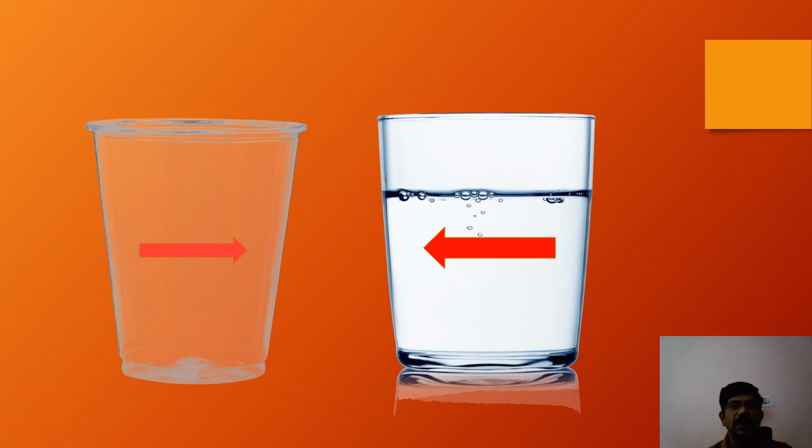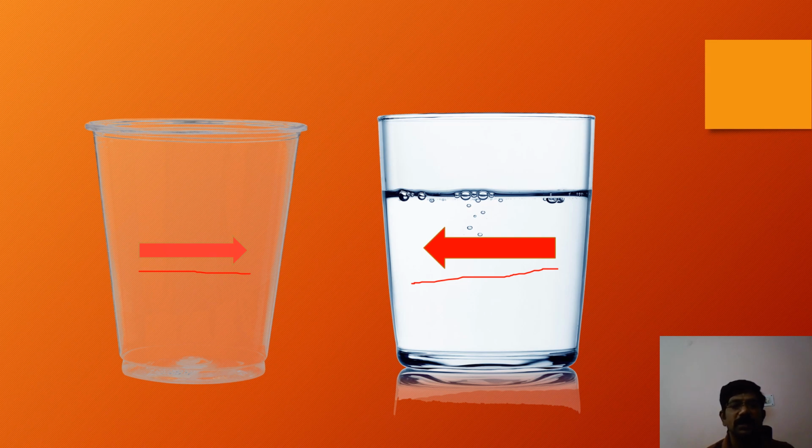Children, observe this arrow. When this arrow is observed from an empty glass, the direction of the arrow is towards the right side. But when the same arrow is observed with a glass full of water, the direction of the arrow changes.